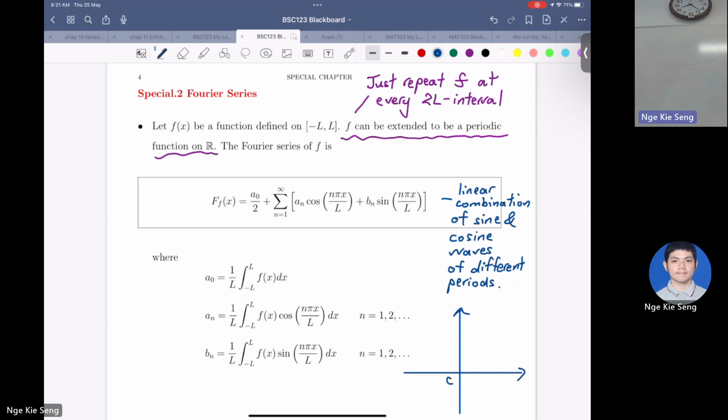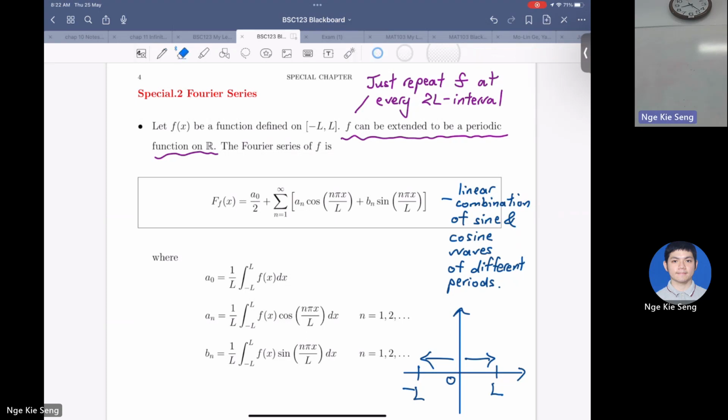It is around the origin: L to the right, minus L to the left. You can start with any function on this interval, and then just repeat it over 2L. Then you get a periodic function. Makes sense?